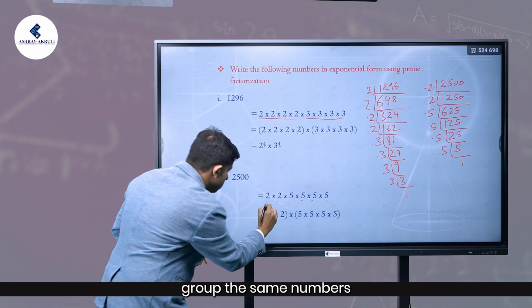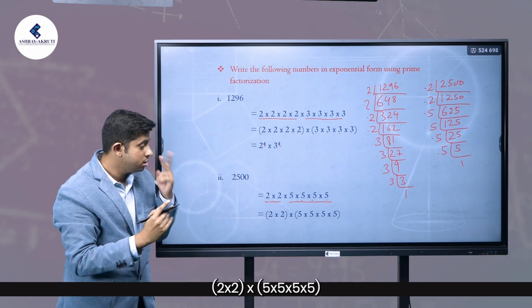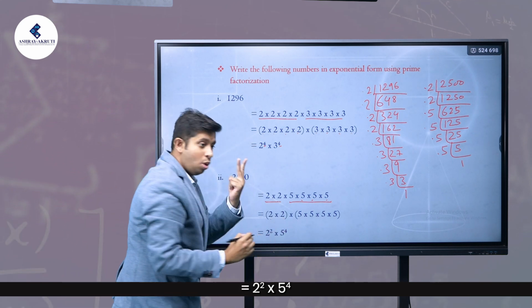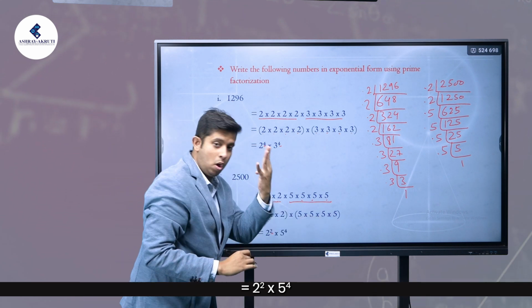Group the same numbers: 2 into 2 into 5 into 5 into 5 into 5, which is equal to 2 to the power of 2 into 5 to the power of 4.